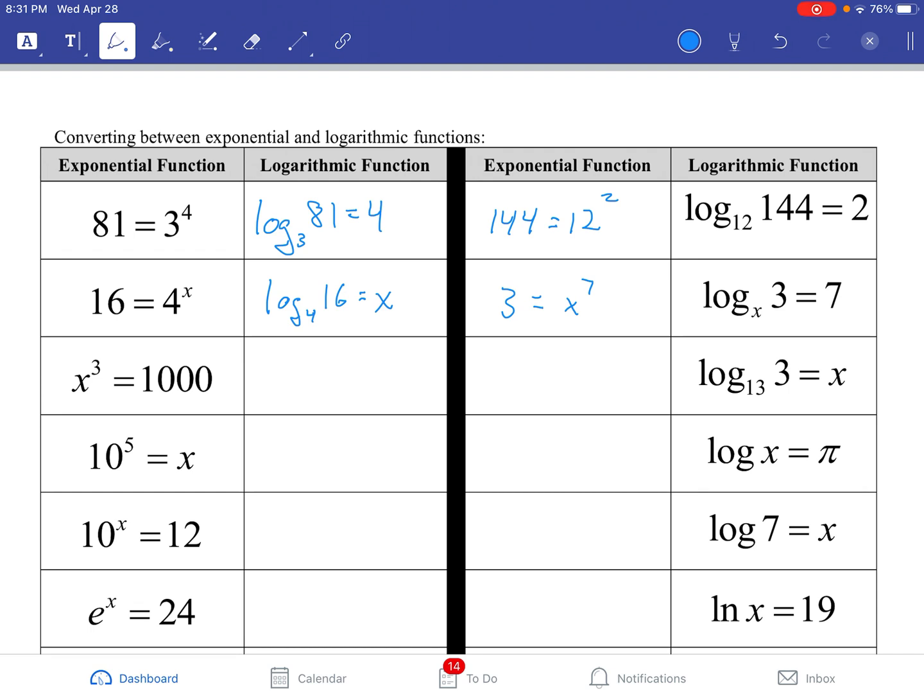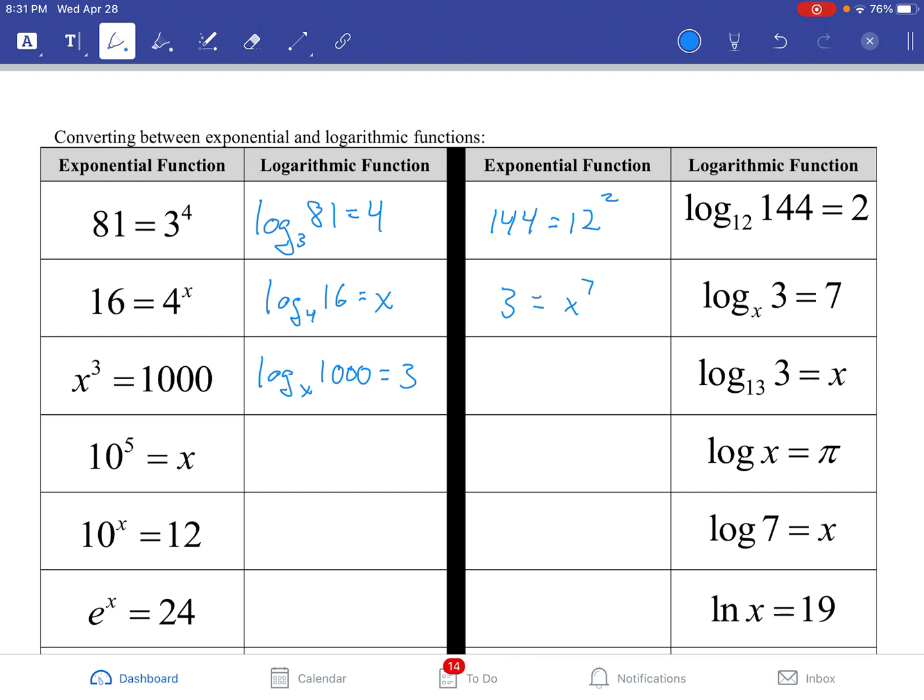That's for a different day, but that's the idea. All right, moving on. We have log base x of 1,000 equals 3.